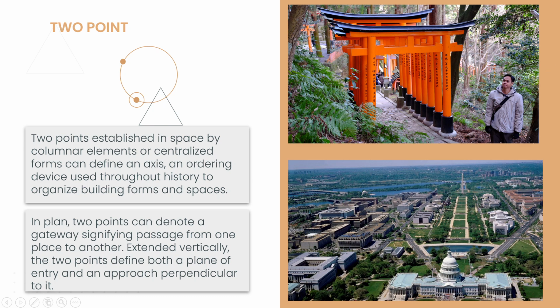This is the actual photo of the Torii Gates in Fushimi Inari in Kyoto in Japan. So this one at the bottom picture is the Mall in Washington, D.C. So this is the obelisk and this is the Capitol. So point here and point at the obelisk to create a line between the 2 points.